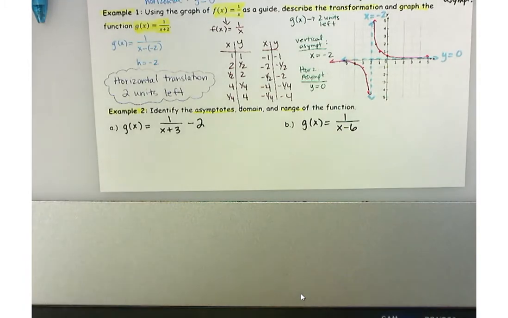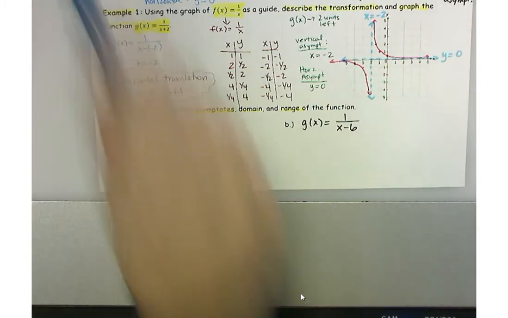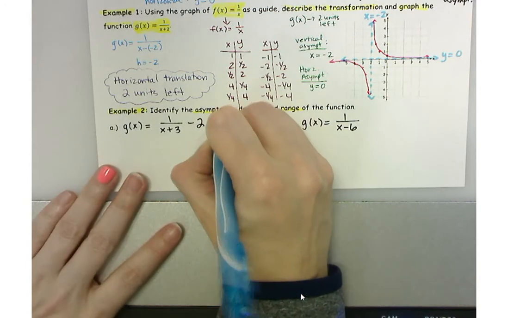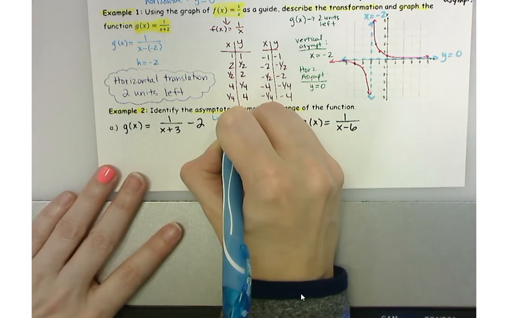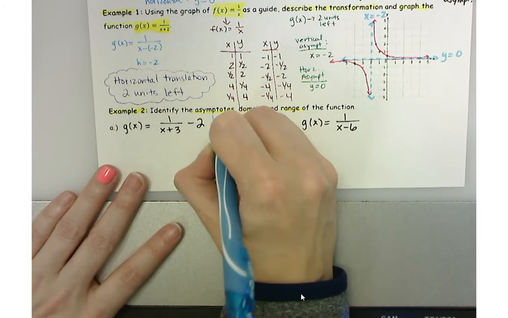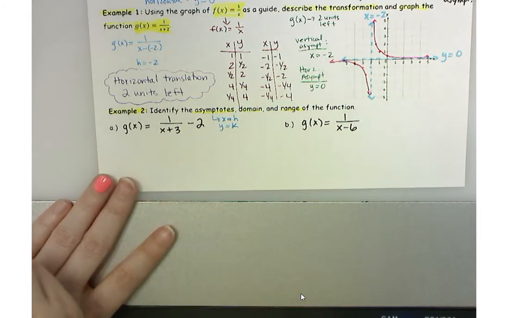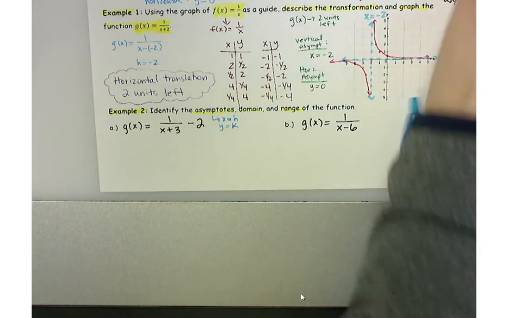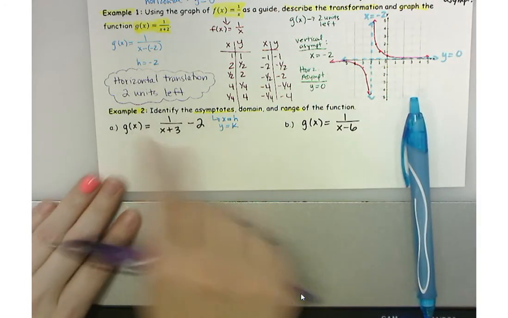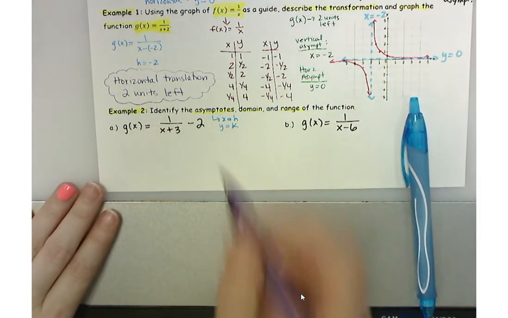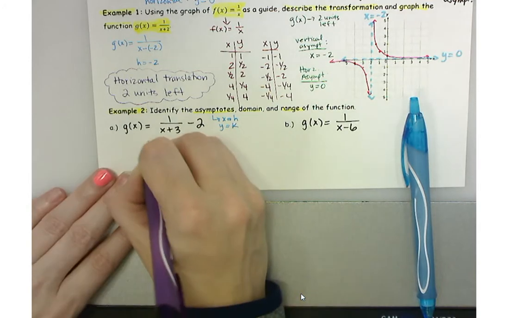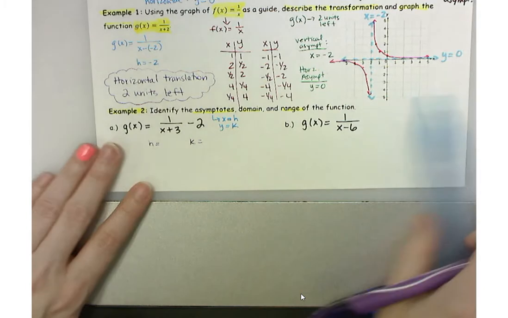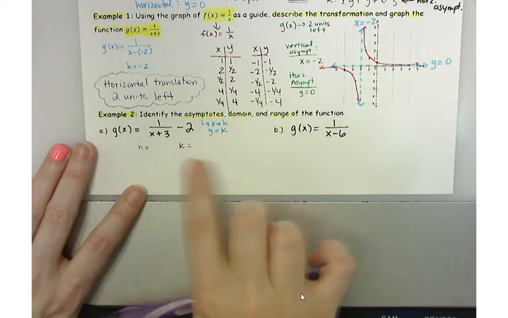Okay, so with your elbow partner, will you identify your h and k for part A and for part B? Okay, so Joe, what did you and Macy agree was your h?